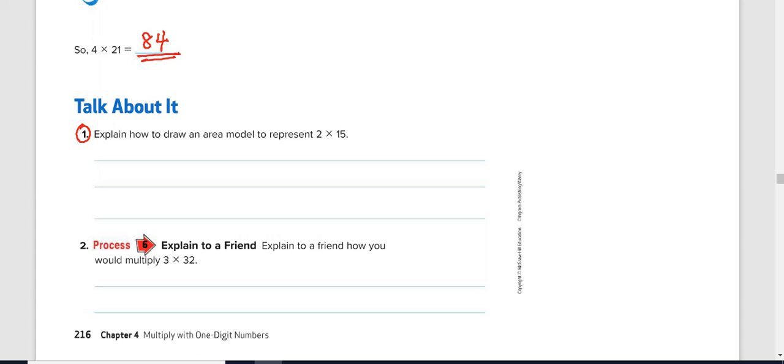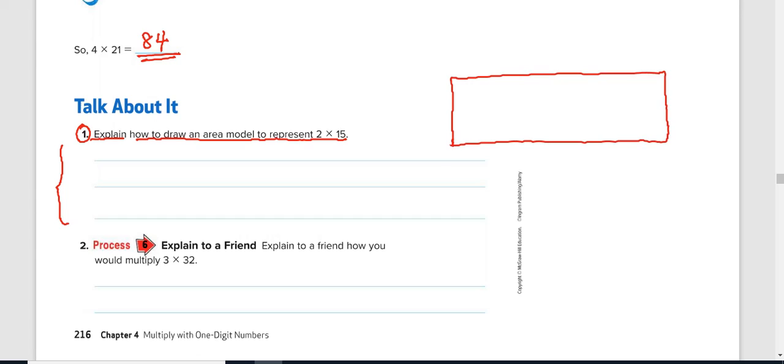Okay, so now that you're done, here we want to explain how to draw an area model to represent 2 times 15. Before we write things out, let's understand what we're going to do. Of course, I'm going to draw a rectangle, and this rectangle will be separated into 2. From this 15, we can get 5 units, which is 5 ones, and 1 ten, that is 10.